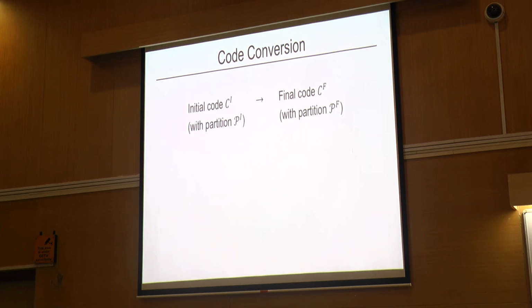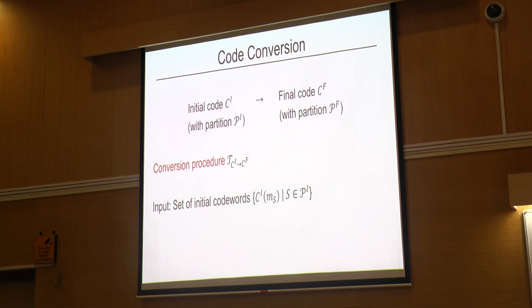Okay, so we have initial code CI going into final code CF, and we have initial partition PI going into final partition PF. One other element that we will need next is the conversion procedure, which we'll denote with T. This conversion procedure takes as input a set of initial code words.